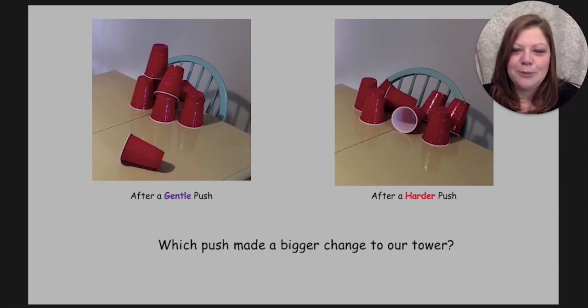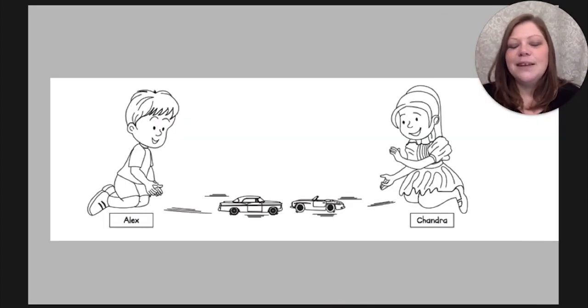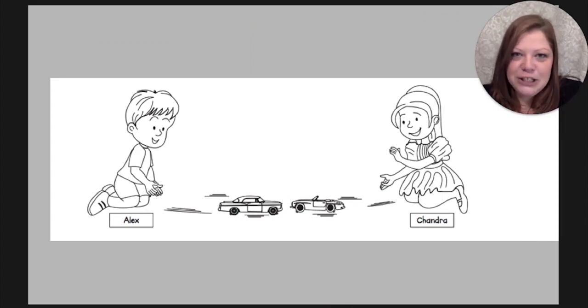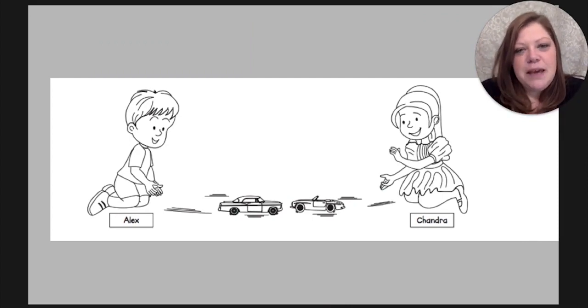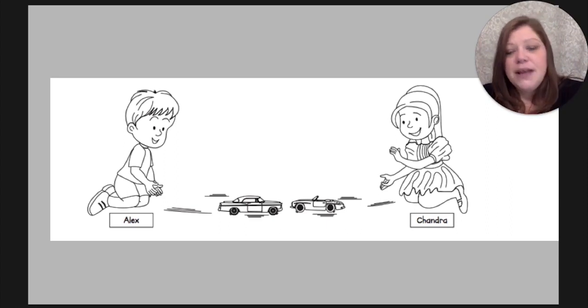I love our observations. Now that we know more about collisions, and we know that a collision is when we make things meet or come together, we can revisit Alex and Chandra and help them with their problem. Now remember that they decided to push their cars towards each other one day, but they both disagree on what's going to happen after they collide.